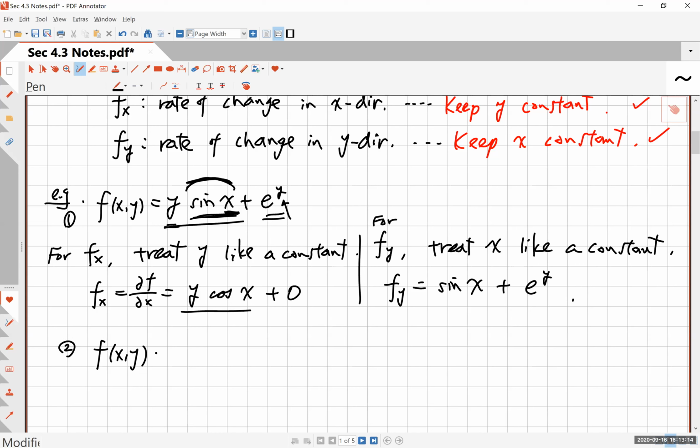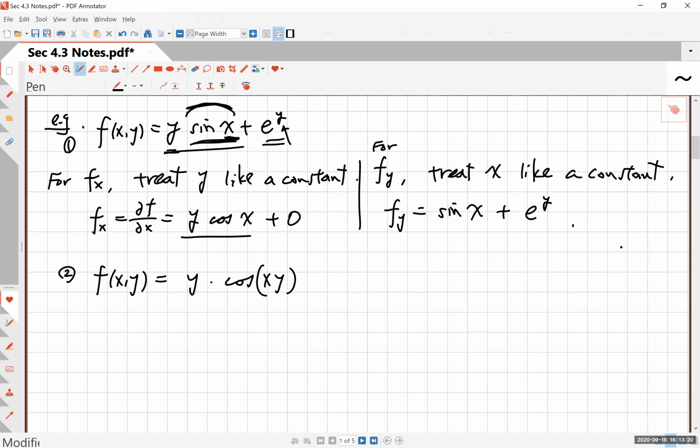the second example, let's say you have y times cosine of xy. That's a little tricky, okay? All right, what's f sub x? Okay, so think of y as a constant. So this is a constant multiplier. You can always just keep that. The inside, now you have cosine of, think of y as a constant again.